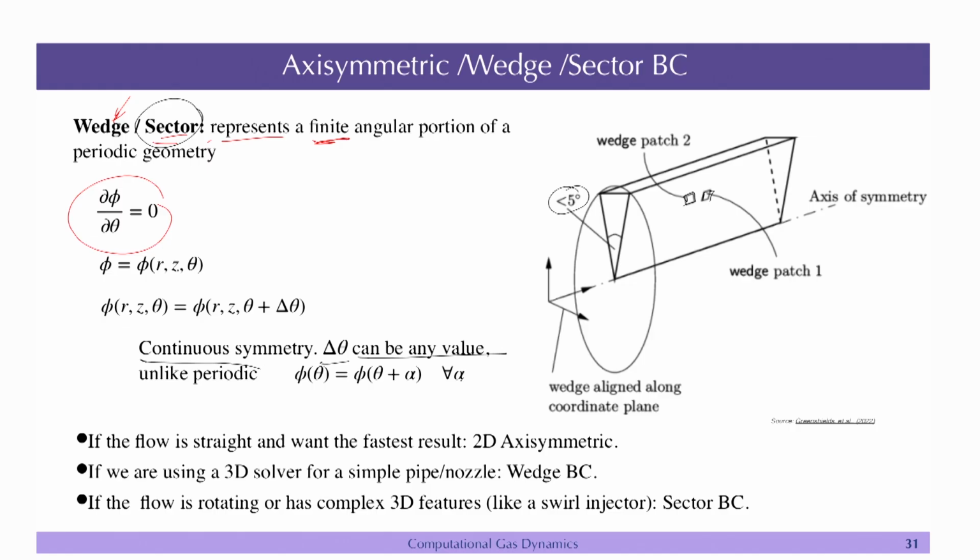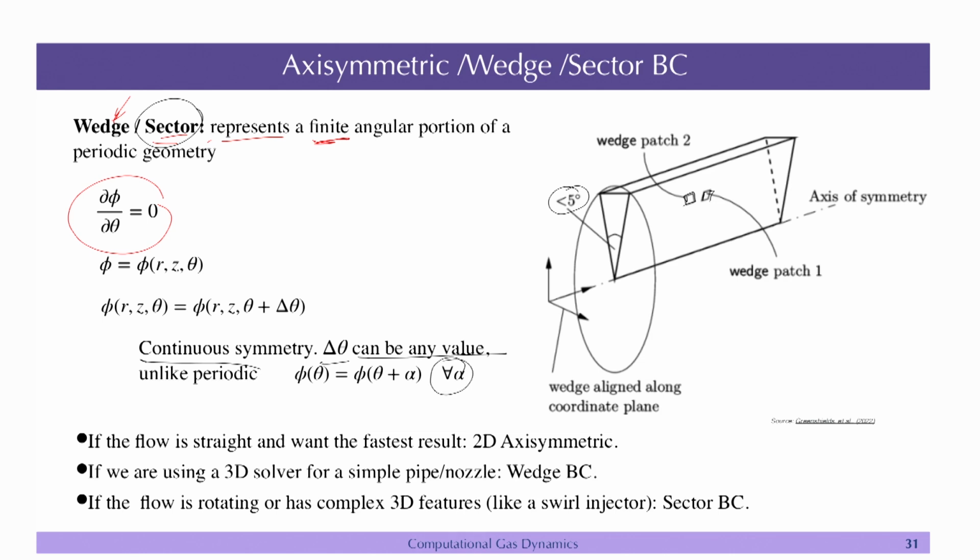It is true for all alpha. So you take 5, 10, 20, 30, 50 degrees. As long as you enforce the axis symmetric boundary condition correctly, you are assuming there is no variation in the theta direction, and they should all give you the same result.